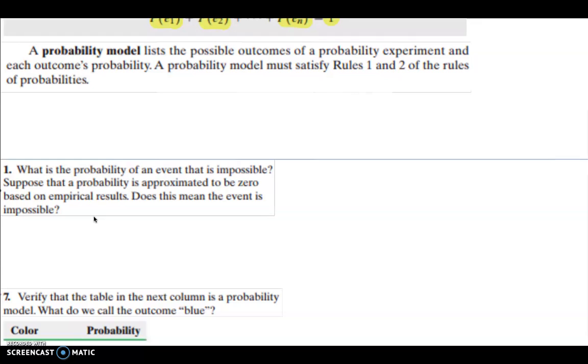Now a probability model lists the possible outcomes of a probability experiment and each outcome's probability. It must satisfy rules 1 and 2 in order to be a probability model.